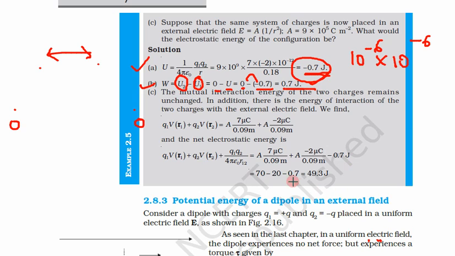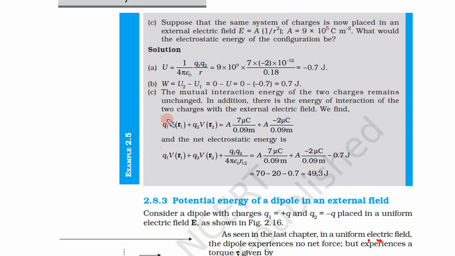Now the third case, when there is some external electric field, the mutual interaction of the two charges remains unchanged. That means this will remain the same. In addition, there is an interaction energy of the two charges with the external electric field. So this term which was previously 0, now we have to add. This third term will remain there.